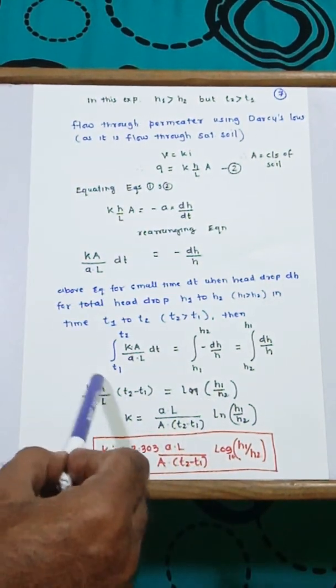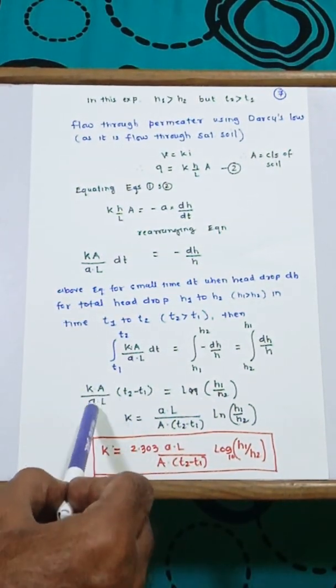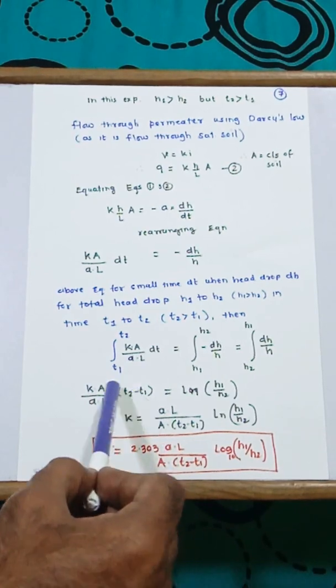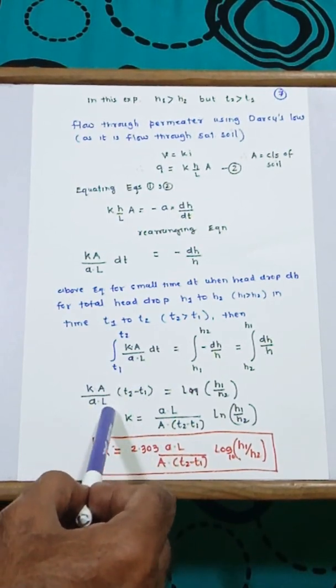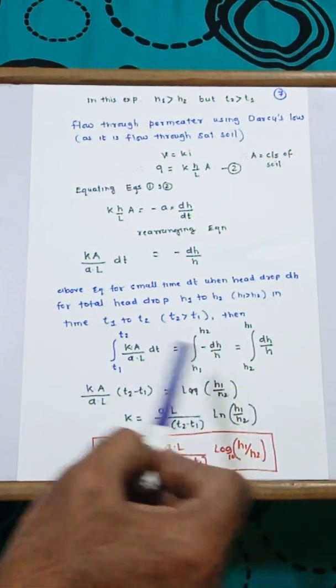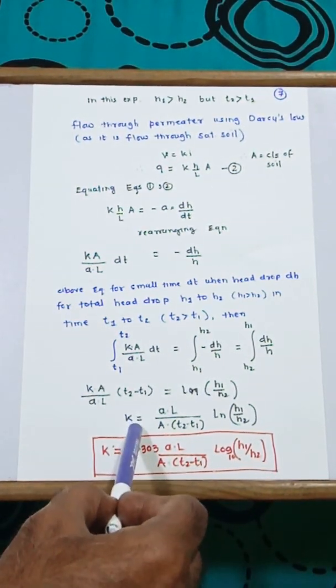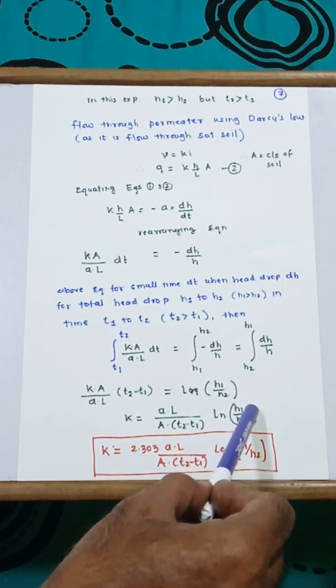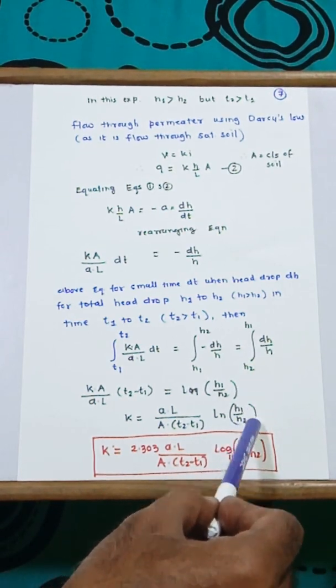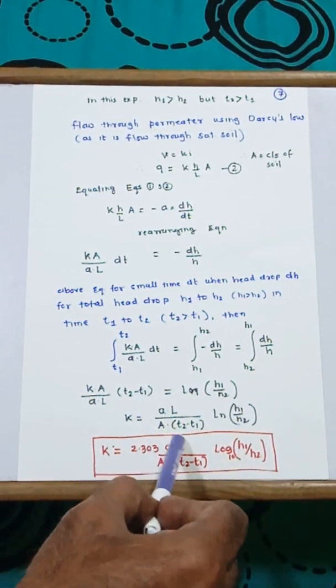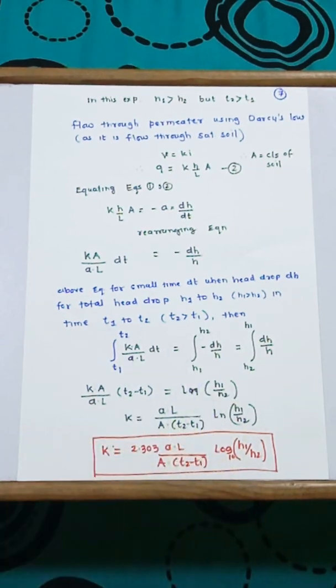Therefore we can write that the unknown is k, all other terms we know. Time we know, both areas we know, length also we know, and the head drop we measure. So k is equal to, in the natural log, a function of h1 and h2 with other things being constants.